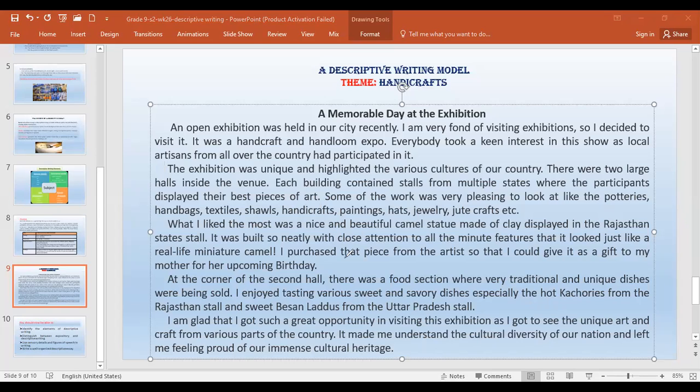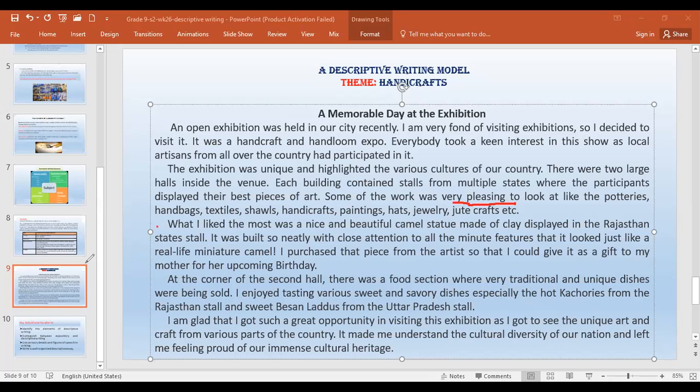Some of the work was very pleasing to look at, like the potteries, handbags, textiles, shawls, handcrafts, paintings, hats, jewelry, jute crafts, etc.